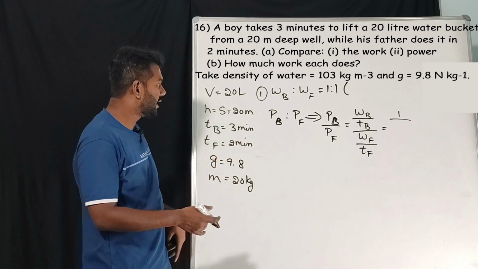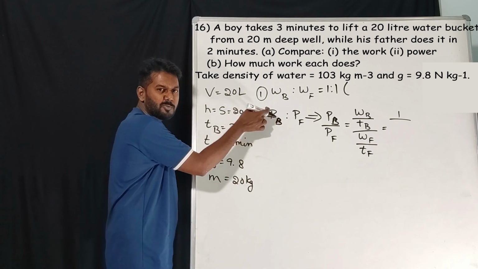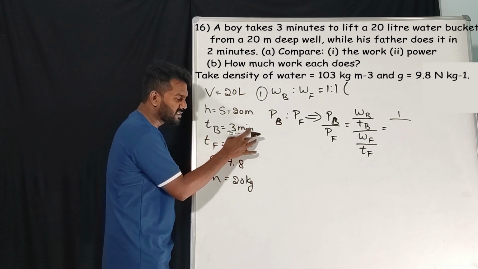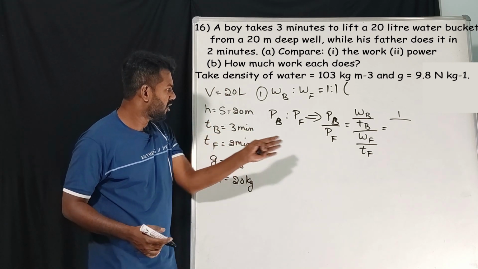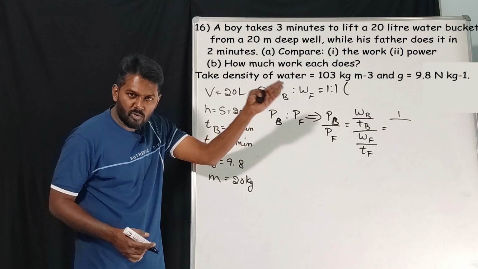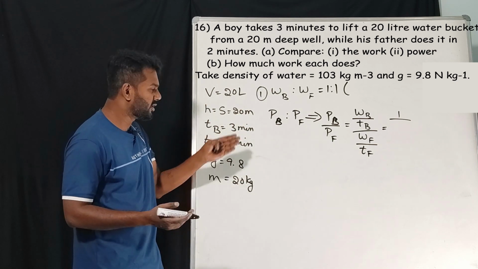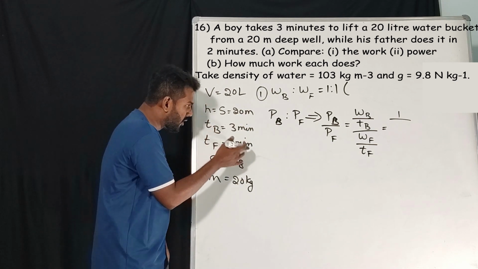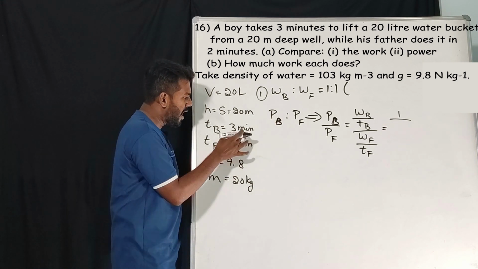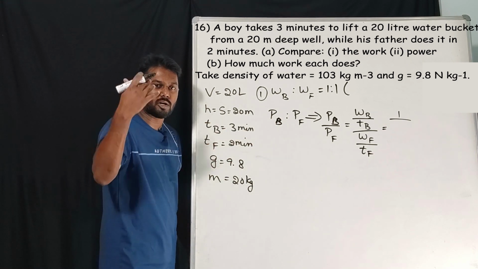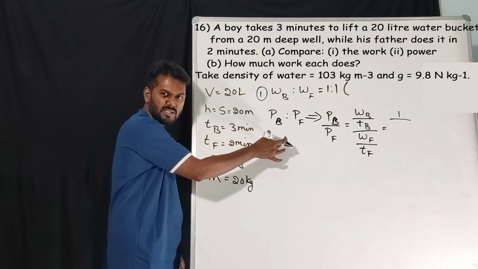If you are not comparing, if you are just finding the power spent by the boy, then you have to convert this time into SI units, to seconds. Here anyhow we are comparing, so unit and unit will get cancelled. We don't have to convert it. If you convert and substitute also, you will get the same answer. Don't worry. Now I am not converting it, but whenever you are trying, convert this into SI units.